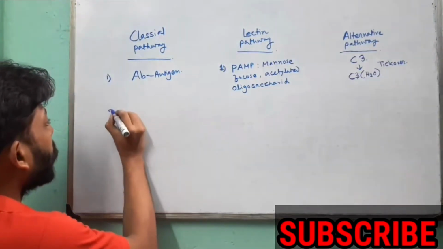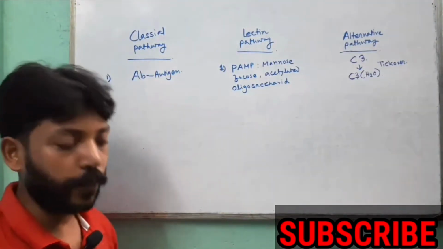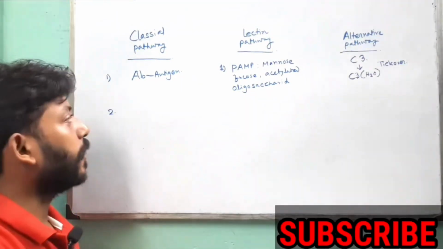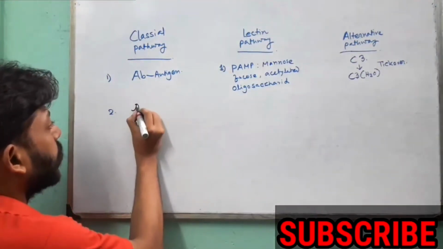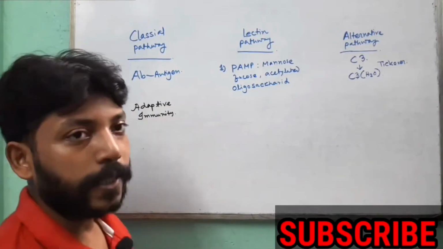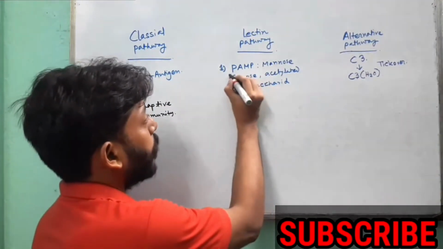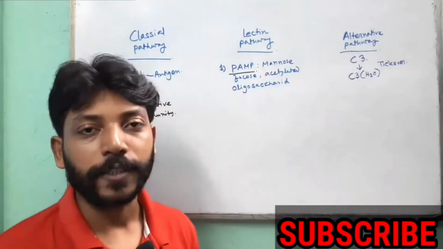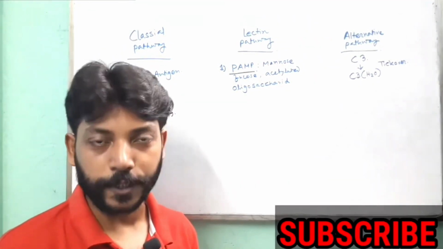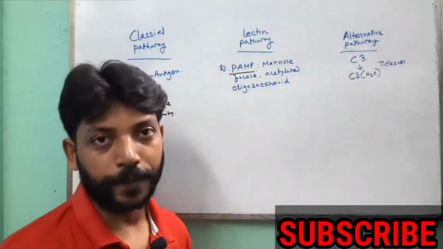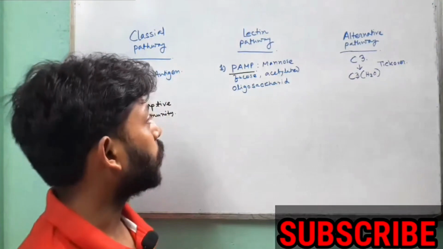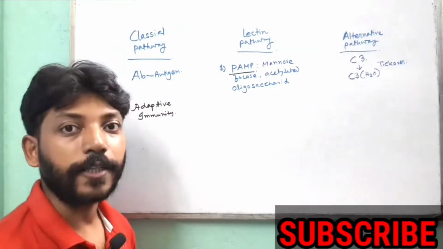As you can see, the classical pathway requires antibody, so it falls in the adaptive immunity. In the lectin pathway, PAMP falls in the innate immunity. Our innate immune system expresses some receptors that can recognize PAMPs, like toll-like receptors and RIG-like receptors.